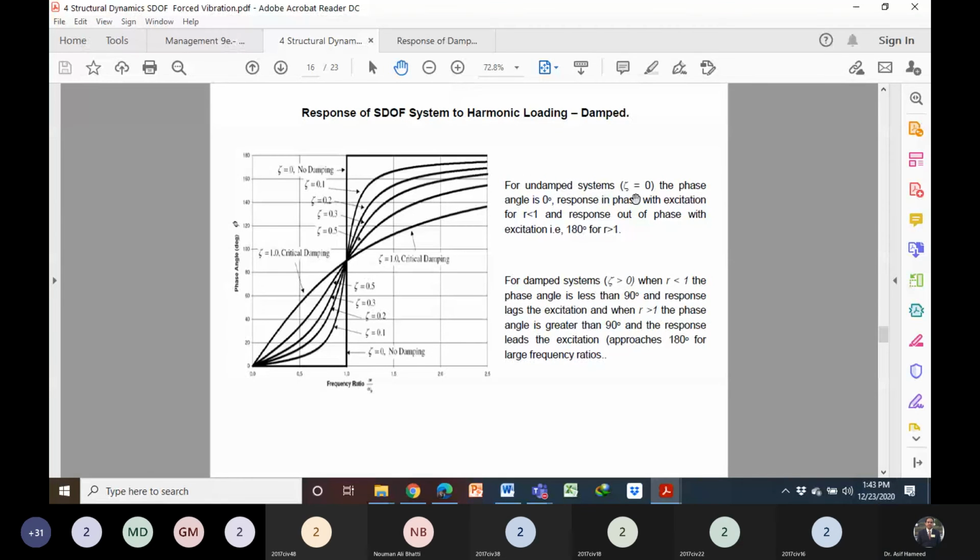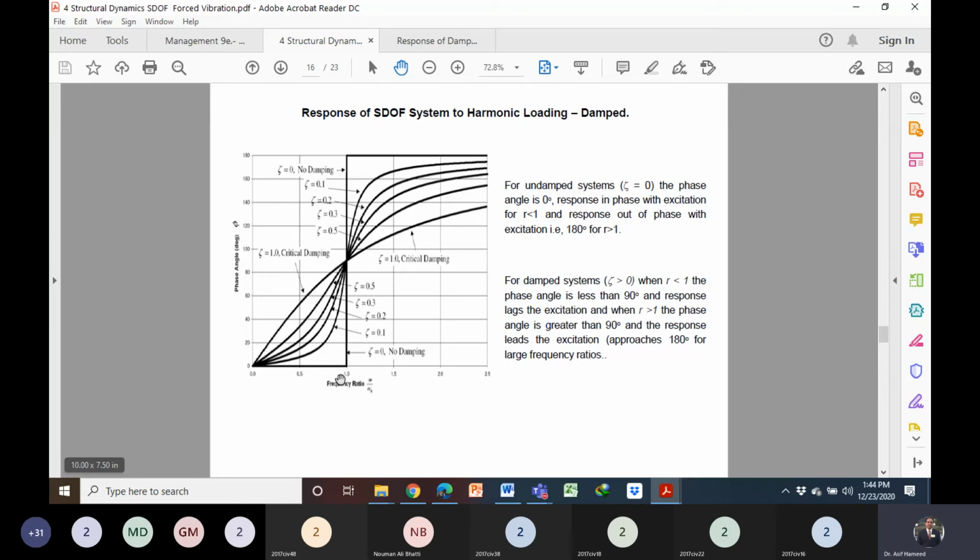Damping is equal to 0, the undamped case. There is no damping in the system. So when the damping is equal to 0, either the phase angle is equal to 0 or 180 degree. Either the response is in phase or out of phase.